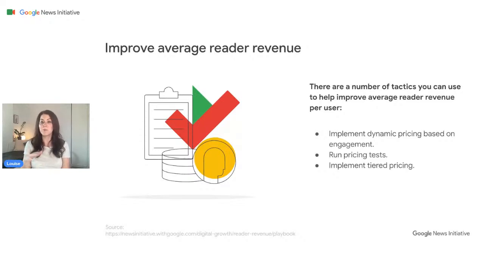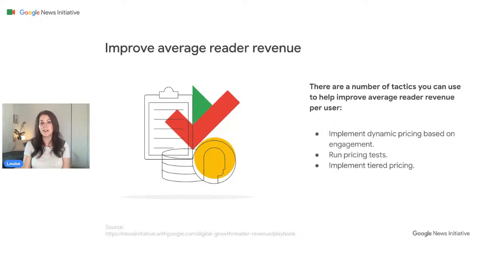A/B tests can be run to understand what prices lead to higher subscriptions and conversions. A/B testing is great because you're not taking anything away, you're running two things at the same time to see what is working best for your publication. Online tests can be implemented using tools such as Google Optimize.